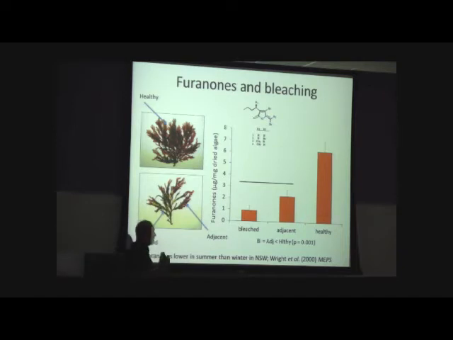So again, we see, like with the microbial communities, big differences in the levels of furanones in bleached versus healthy tissue. And they have, like the microbial communities, already begun to decrease in the tissue that is as yet unbleached. And they're also consistent with the temporal pattern that we see, lower in summer than in winter.